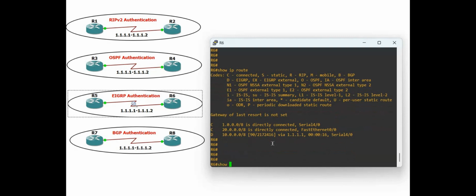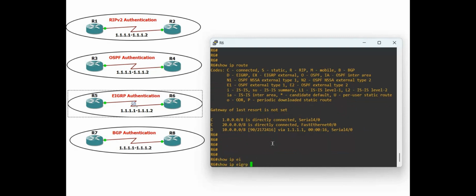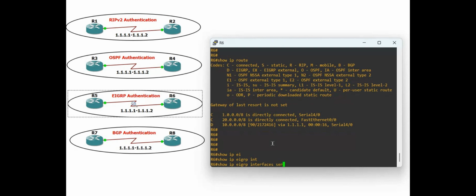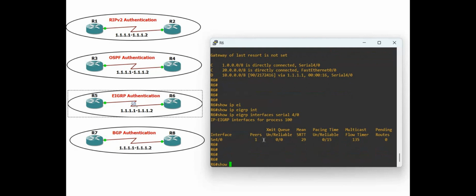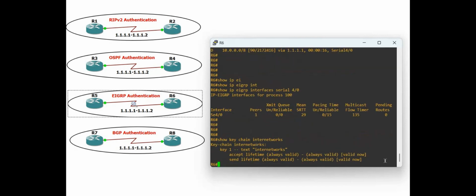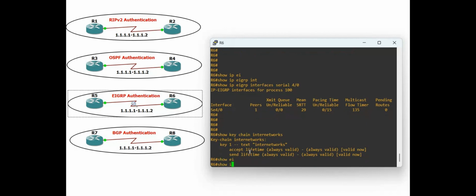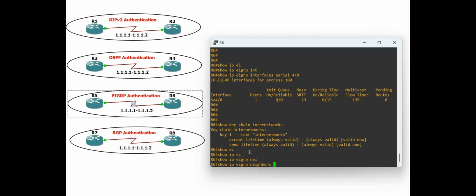Let's see show IP EIGRP interface serial /0. You can see the peer and all the information. Let me just write down show key chain internetworks. This is the name. You can see all the information over here. Show IP EIGRP neighbor.